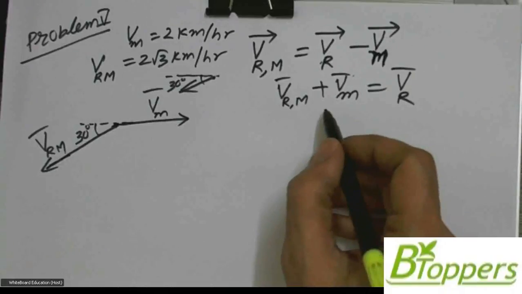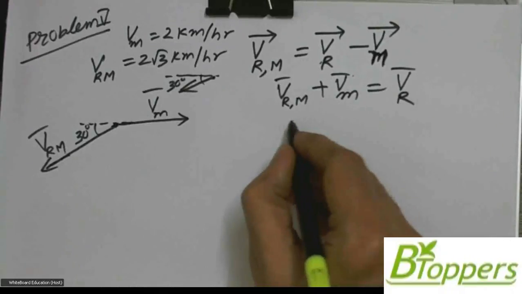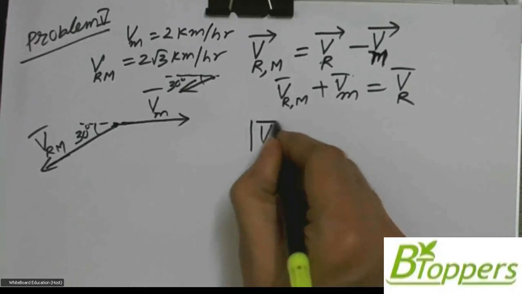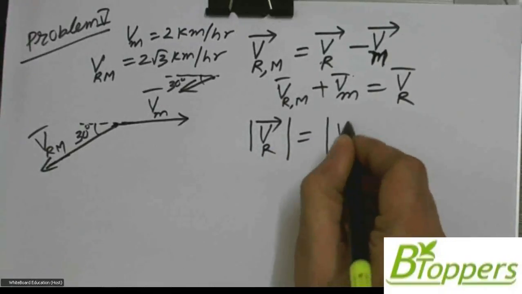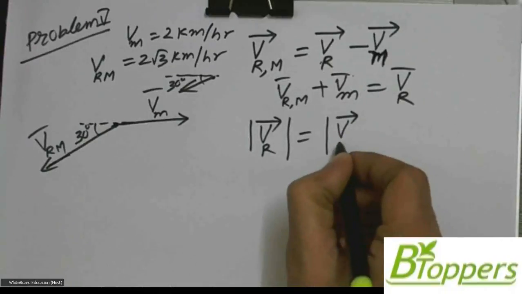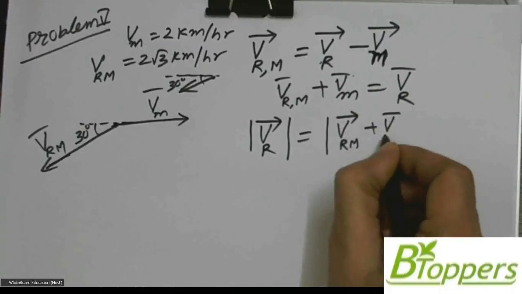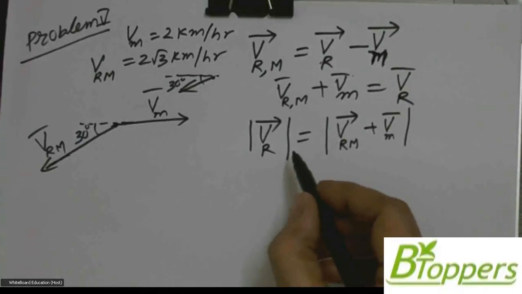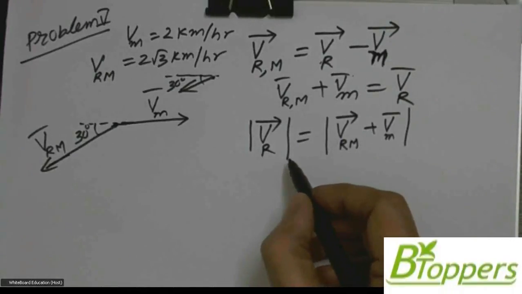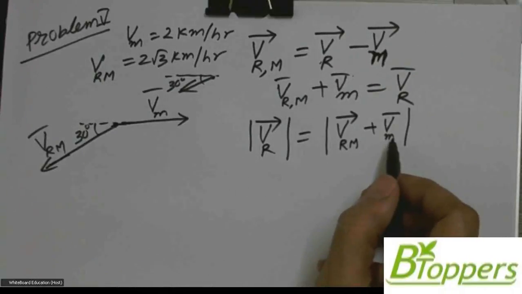So here also we are going to apply the parallelogram law of vector addition. So the magnitude of V_R bar is equal to the magnitude of the vector sum of V bar subscript RM plus V bar subscript M. So the magnitude of the actual velocity of raindrops is equal to the magnitude of the vector sum of the relative velocity and velocity of the man.